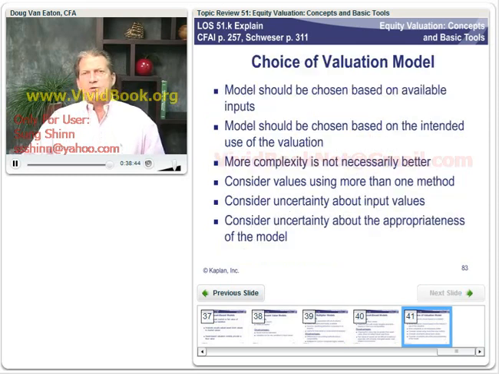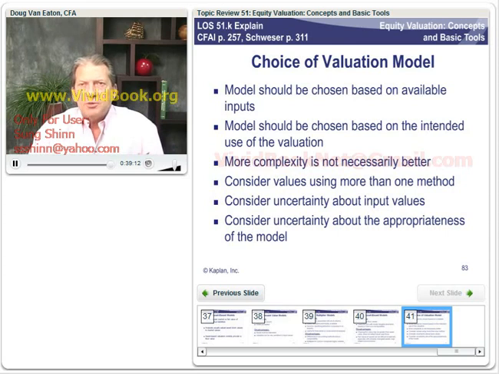So let's conclude with this slide on choosing a valuation model. How are we going to choose amongst the three types of models that we talked about? The dividend discount models or cash flow discount models. And then we had our multiplier models, including our price-based ones and our enterprise value to EBITDA.